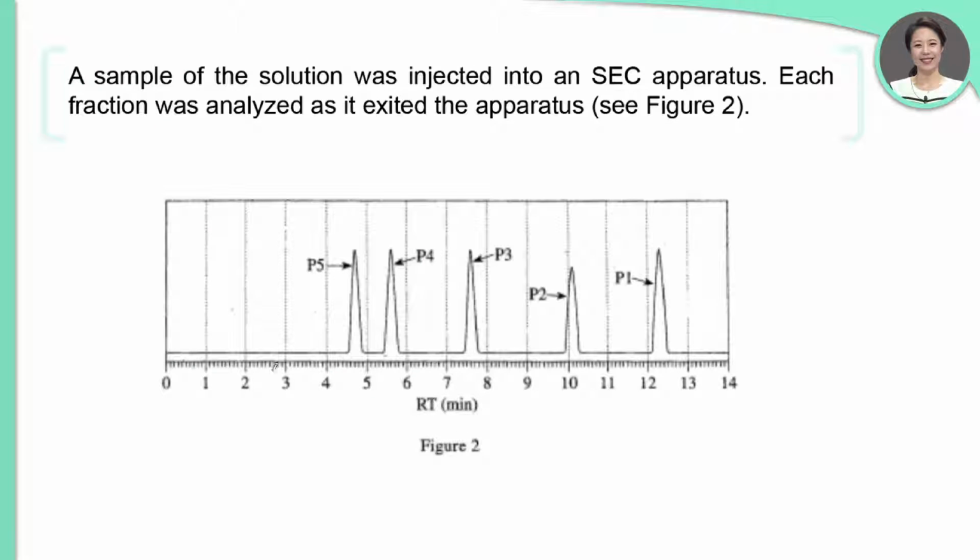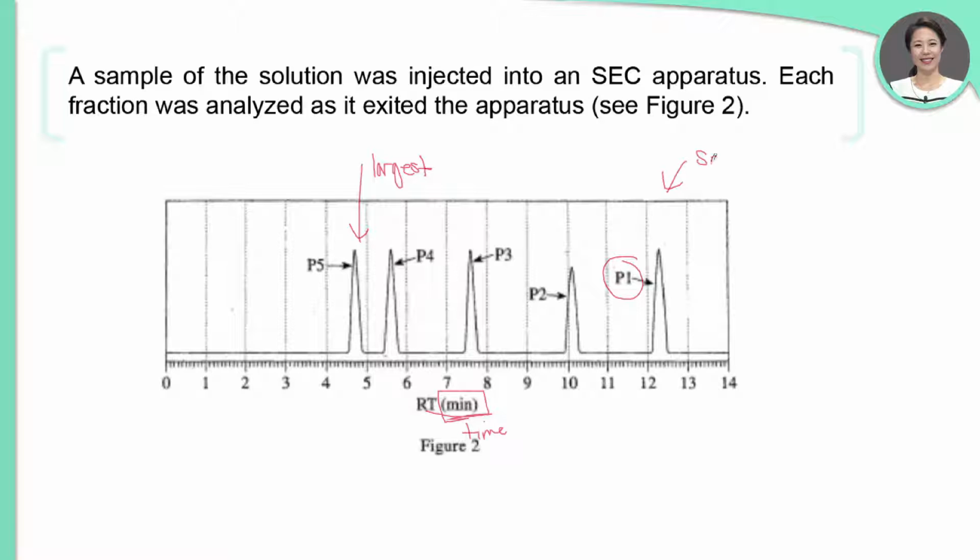So here you see a sample of solution was injected into an SEC and you see peaks. Here RT is in minutes, so time. P5 took the shortest time to exit the column. That means this one is the largest, the biggest. And if you see P1, it took a long time to exit the column.